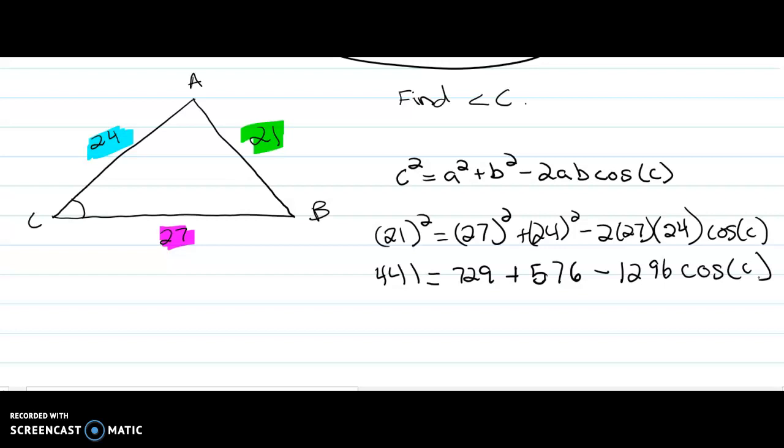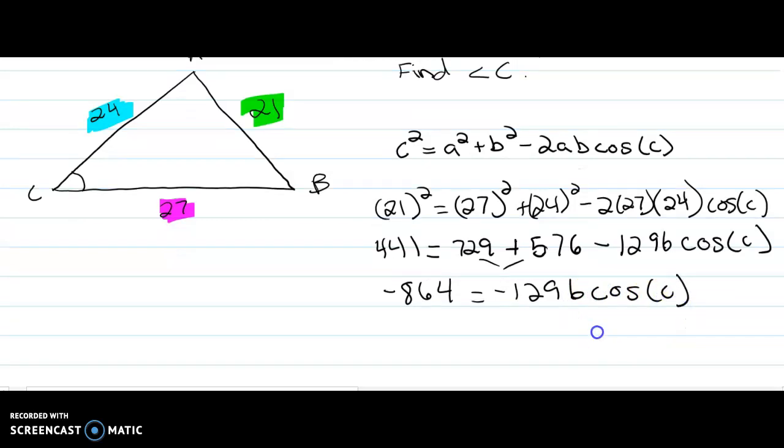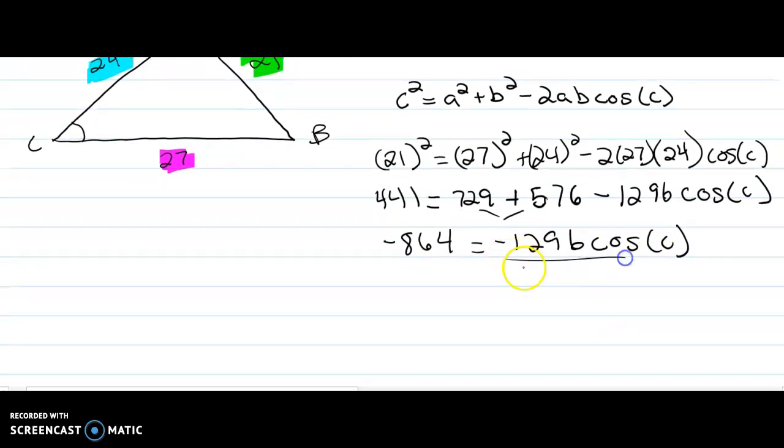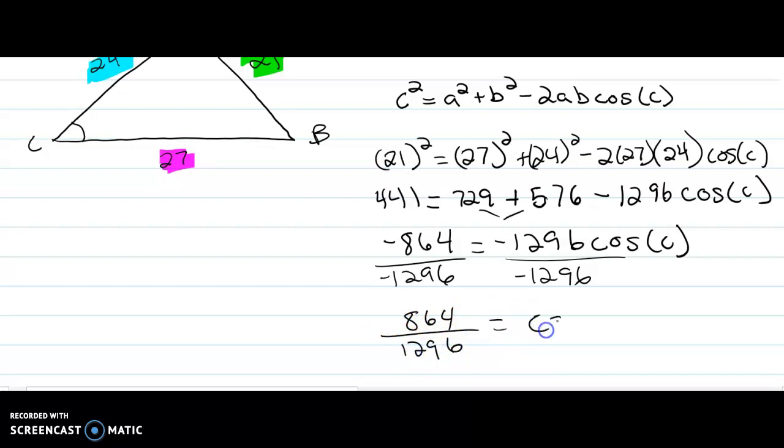Okay, so I'm going to combine and then subtract over. When I combine these two and subtract it over, I get negative 864 is equal to negative 1,296 times cosine of c. Okay, we're solving for c, so c is still not by itself. So I'm going to divide by this negative 1,296. So here, 864 over 1,296 is equal to the cosine of c.